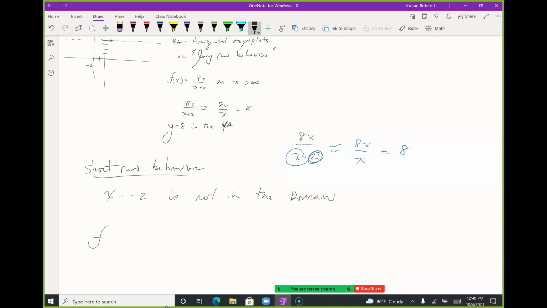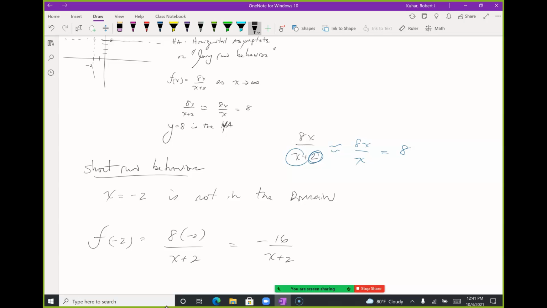So we look at f of -2, and we get 8 times -2 over x plus 2. I can't plug in the -2 downstairs because I get a 0. So I plug in that piece out of the domain everywhere except for where I can't. So I get a -16 over x plus 2.